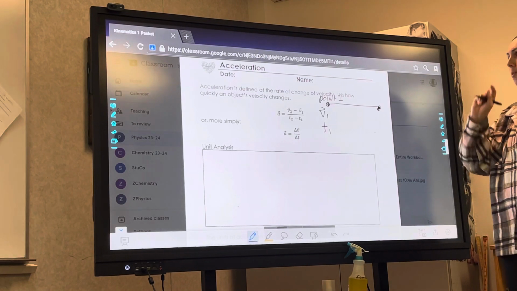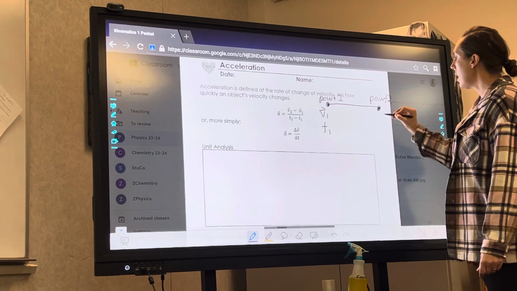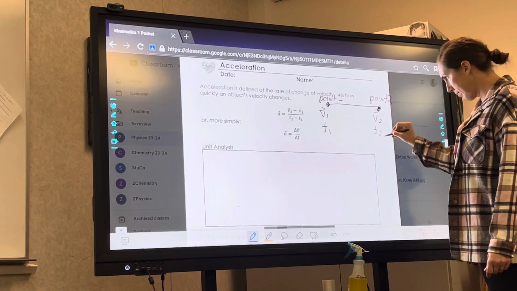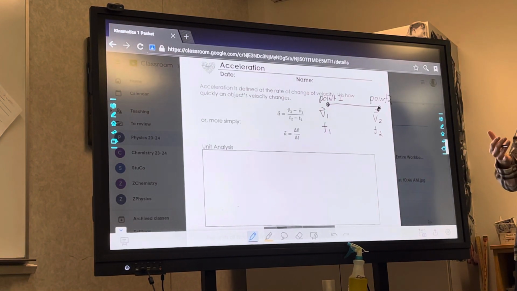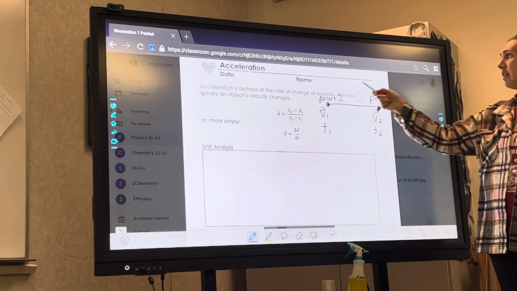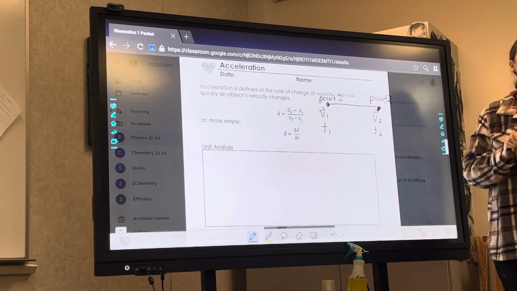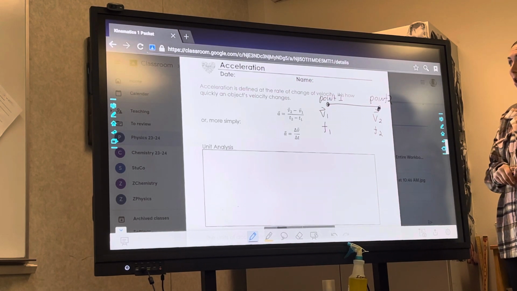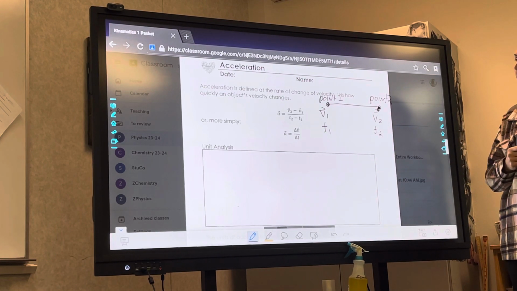So we have our first point, and then we need a second point to compare it to, with a velocity at that point and a time at that point, okay? Now, when I was in college, and it is subjective to your professor, I liked to call it initial velocity and final velocity. Remember, initial means the first, final would be the second. So in order to get an acceleration, we have to compare 2 points, okay?